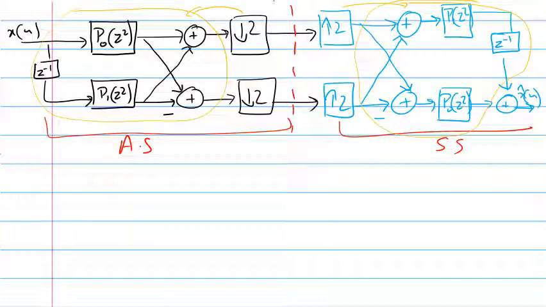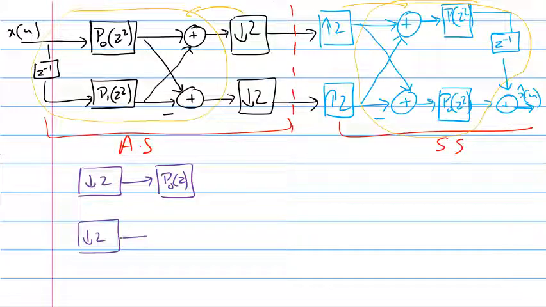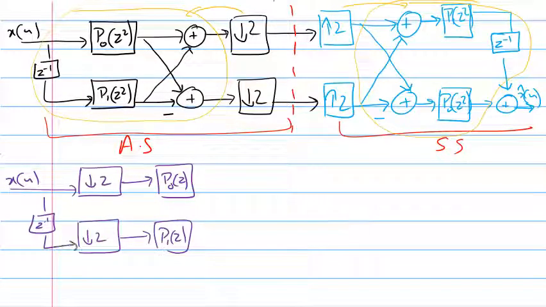Then, using the Noble identity, which I'm sketching without explaining in more detail: first a downsampling, then P0(z), again a downsampler for the second channel. Here you have x(n), and the delayed version is going here. Then it will go to an adder like this.